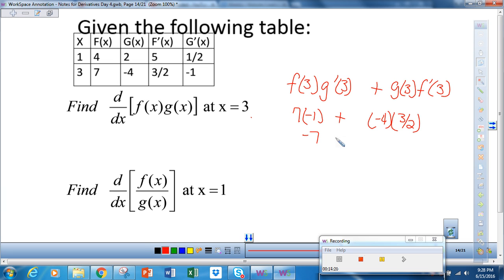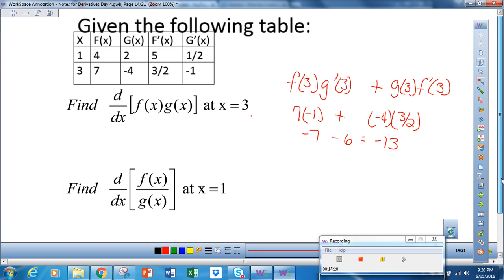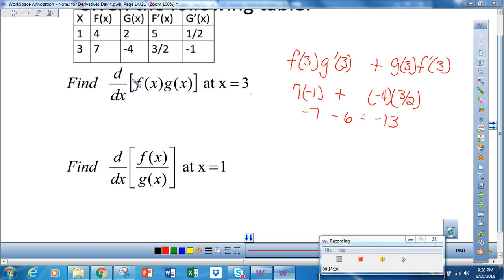So this is negative 7 minus 6. So this is negative 13. Okay? So your temptation is just going to say, okay, f prime is 3/2, g prime is negative 1, the answer is negative 3/2. That's going to be your temptation. Fight the temptation. You have to use product rule.